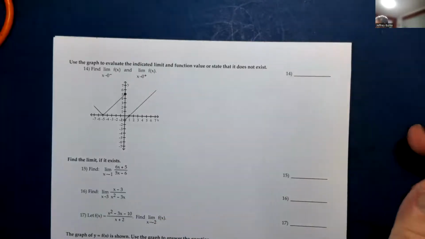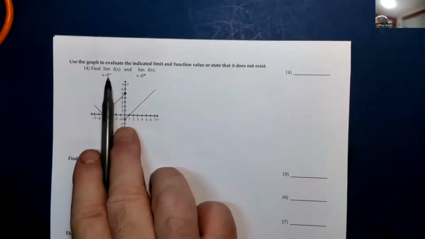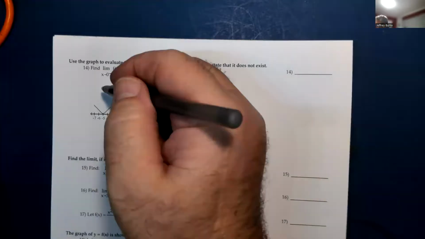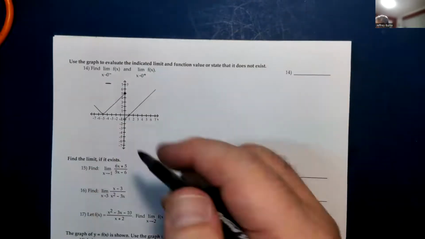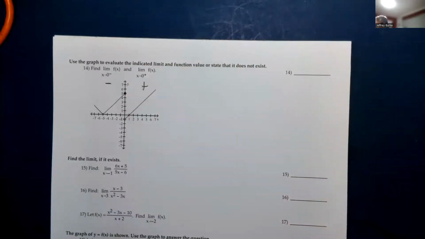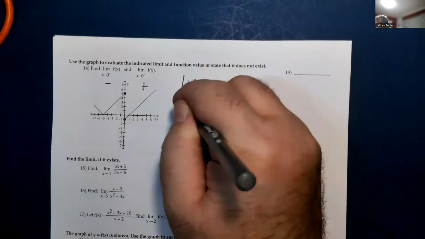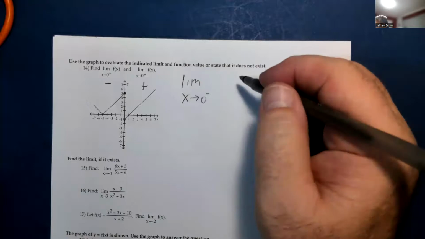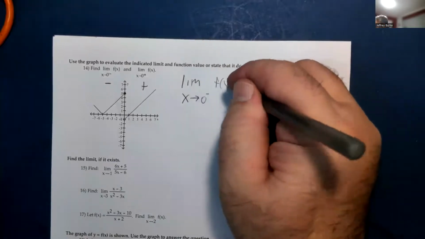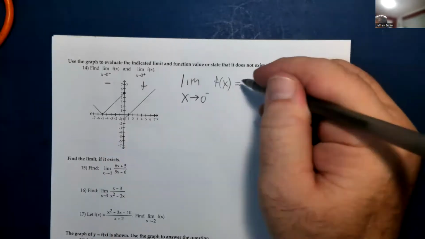In these two questions, we're asked to find the limit as x approaches 0 from the negative side, the negative being the left, and the limit as x approaches 0 from the positive side, that being the right. So if you want the limit as x approaches 0 from the negative side of f of x, we see that this function is approaching 5.